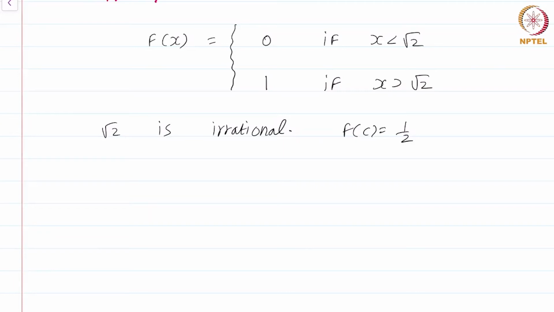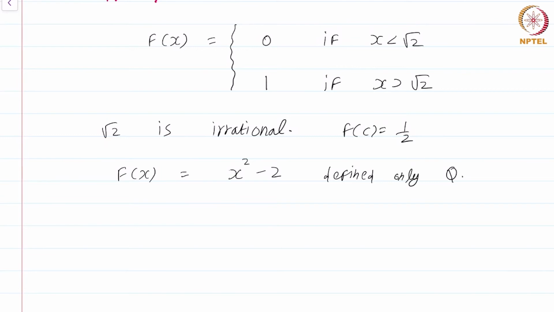Then there is now another example I can give you. Look at the function f of x equal to x squared minus 2 defined only on Q. That is, I am not defining this function for the whole of R, but I am restricting this function only to the rational numbers.